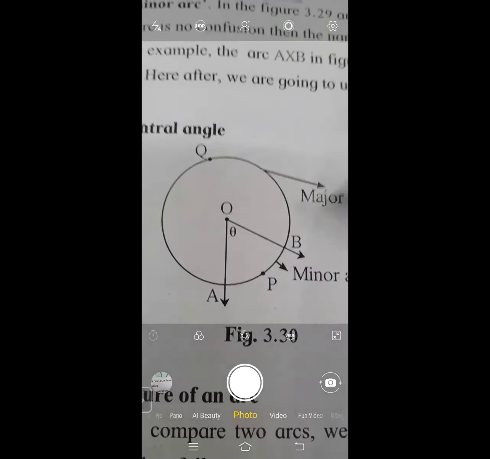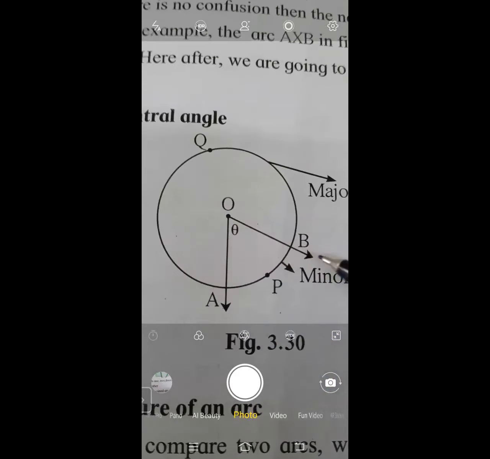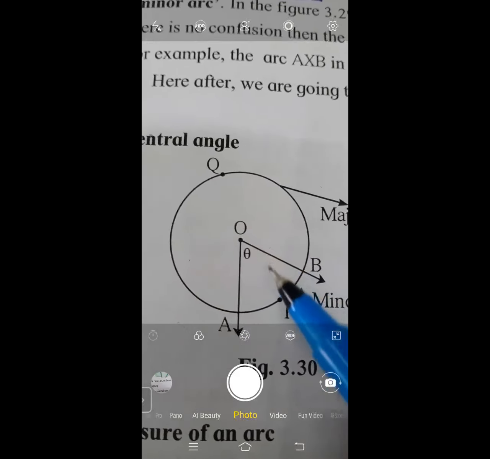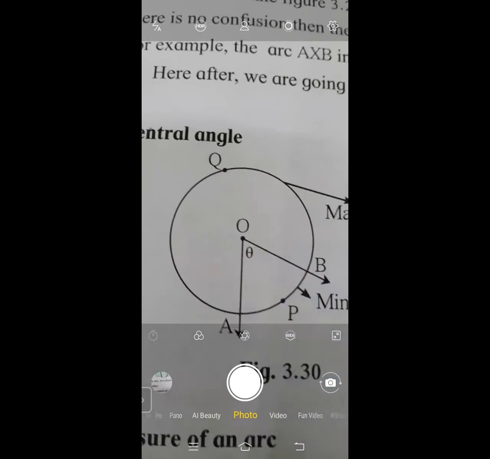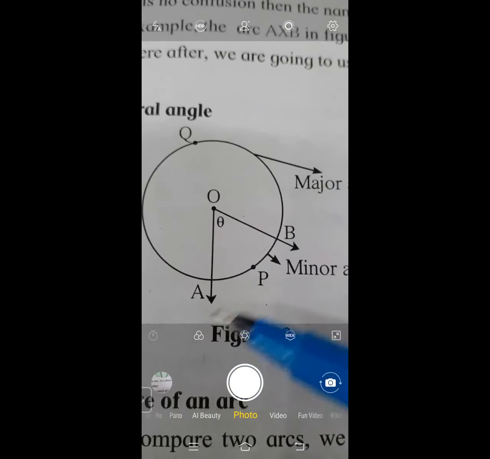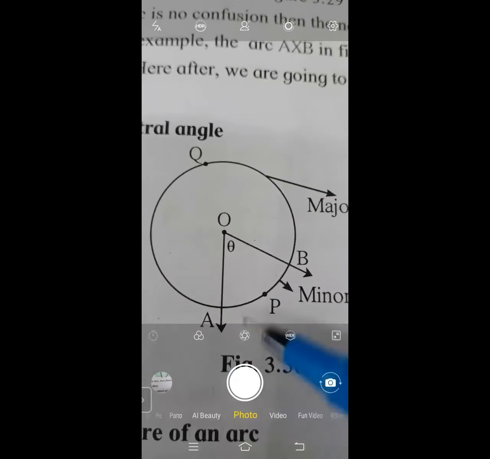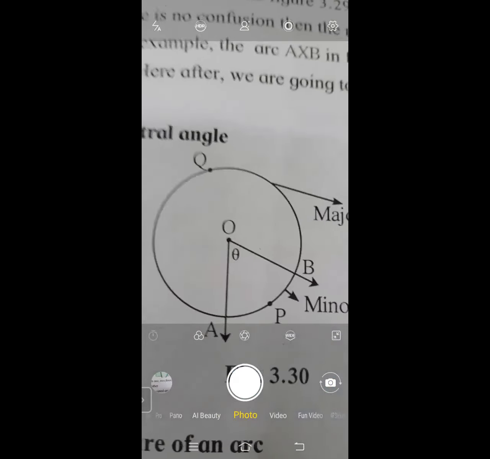If the vertex is at the center of the circle, the angle is called a central angle. So AOB is called a central angle because its vertex lies on the center.